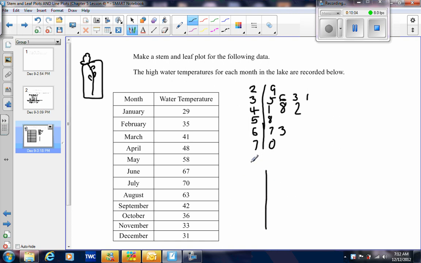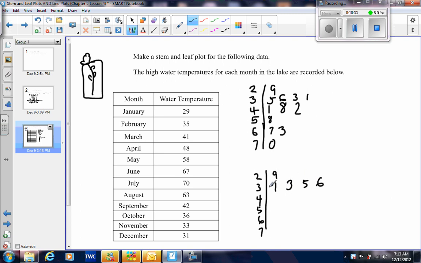I'm going to do it over again, and then I'm just going to put my leaves in order. Only one leaf here, so that's 29. These leaves go 1, 3, 6, 5. So 31, 33, 35, 36.